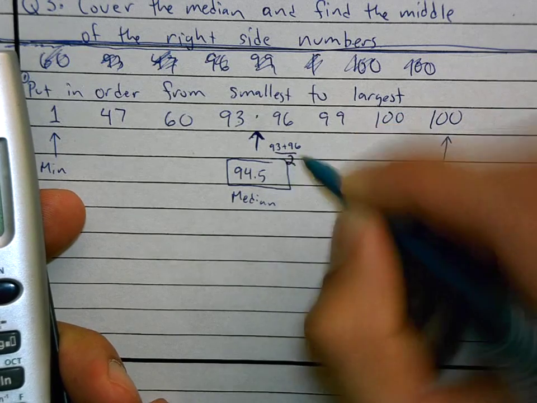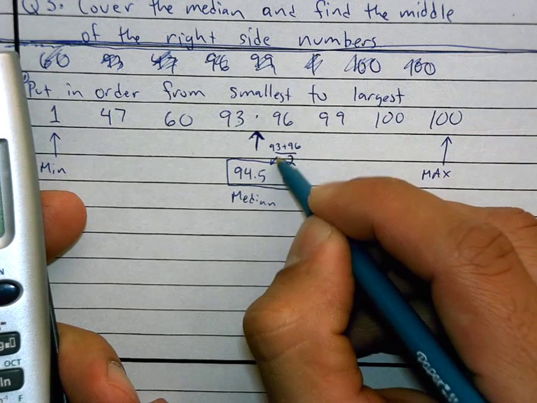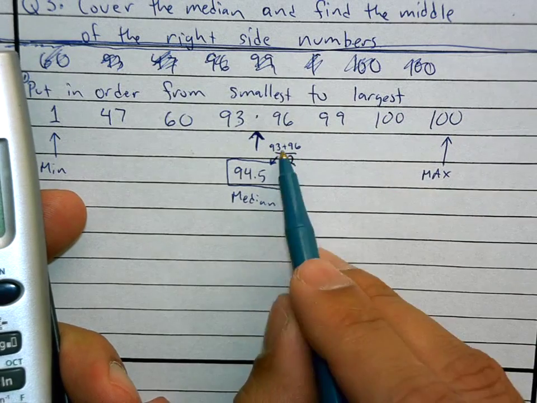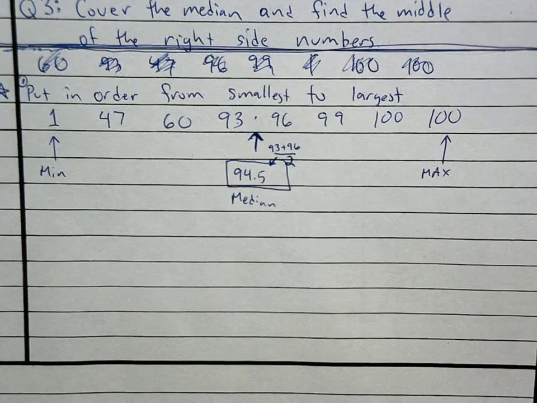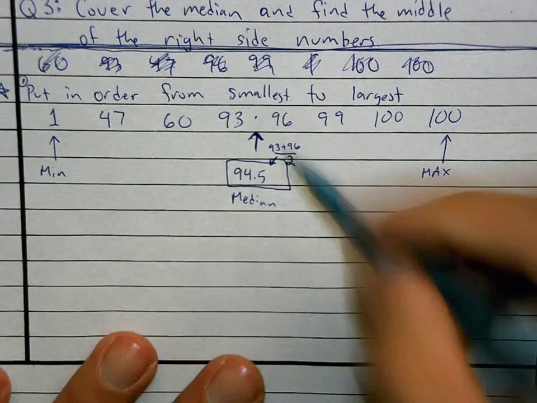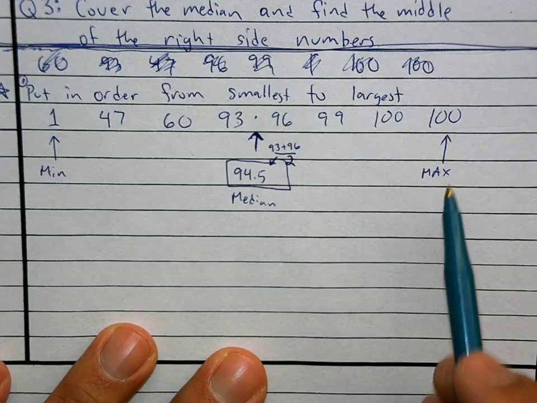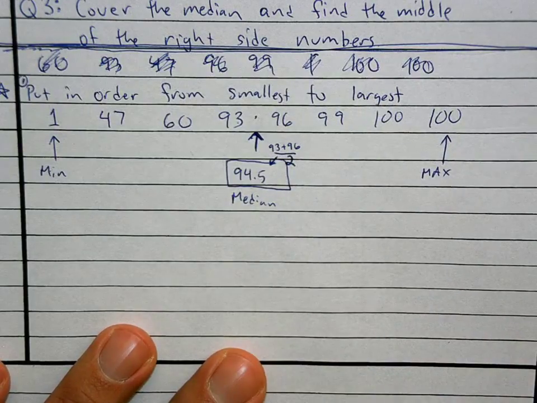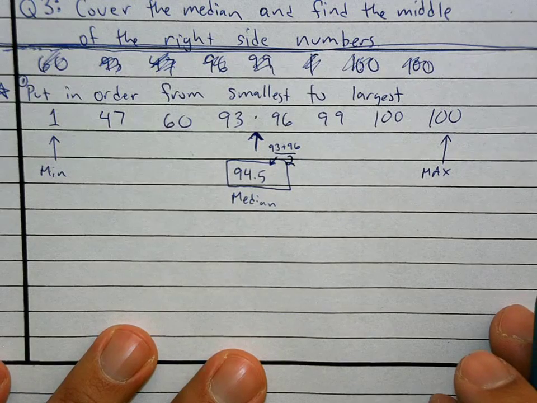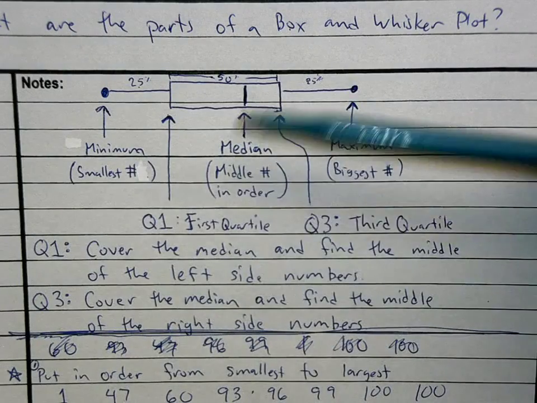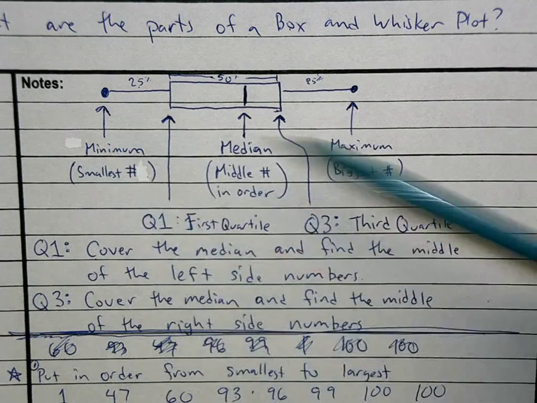If you want to know how I got that, that's what I just did on the calculator. So now I have my min, my max, and my median. I have 3 out of the 5 things I need for my box and whisker plot.